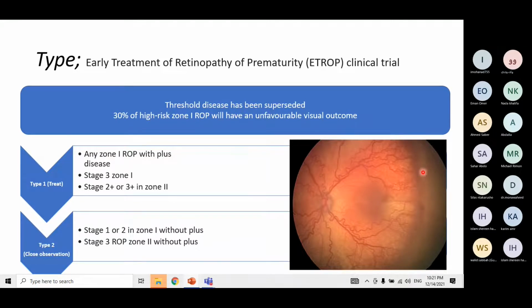And what do you think about the zone here? So here we have the disc, here we have the fovea, and zone 2 is double the distance, somewhere here. So this is zone 3? Zone 3 is very far peripheral. Let's go back to this one.